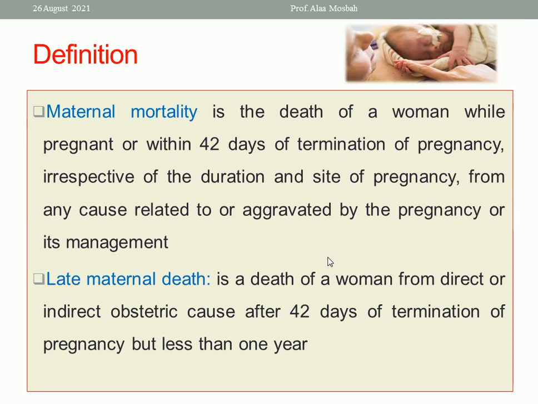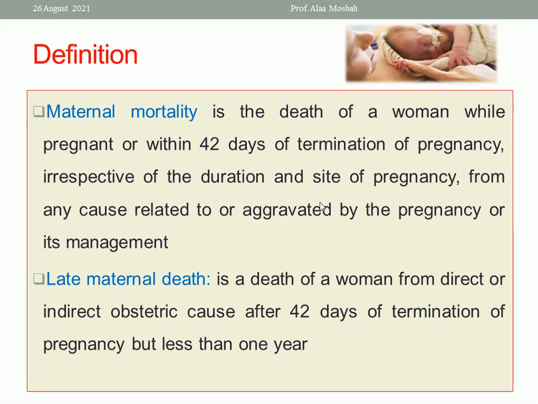And the causes of mortality may be related to pregnancy itself, direct causes, or aggravated by the pregnancy, like cardiac disease aggravated to become heart failure, or diabetes aggravated during pregnancy with diabetic ketoacidosis and the mortality happens. So the cause may be a direct cause, like preeclampsia and eclampsia, for example, or an indirect cause like heart disease or diabetes aggravated by the pregnancy.